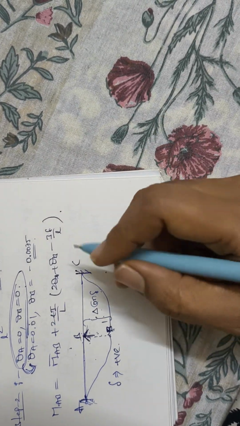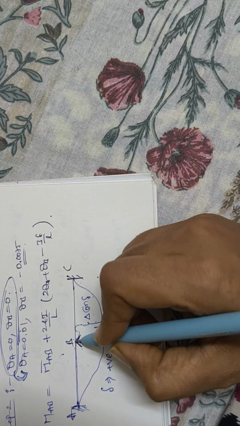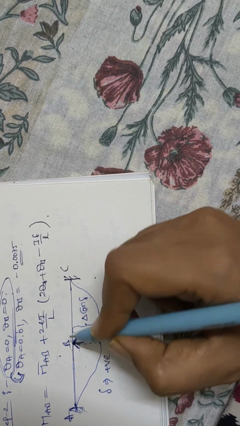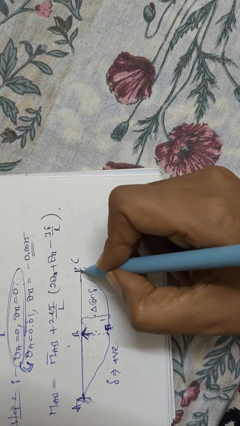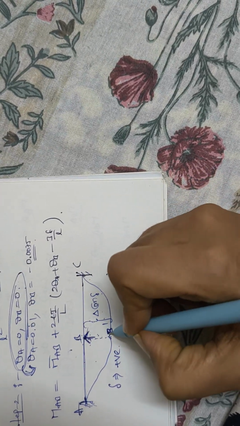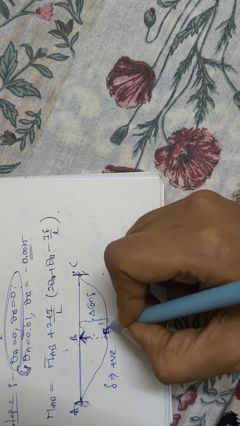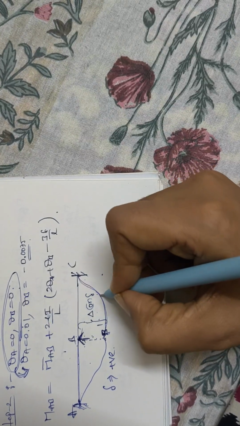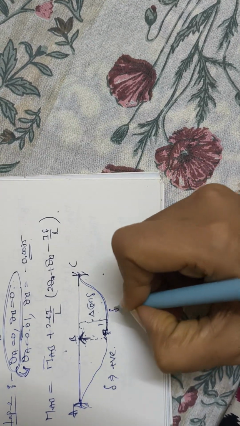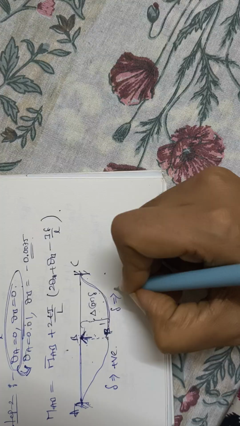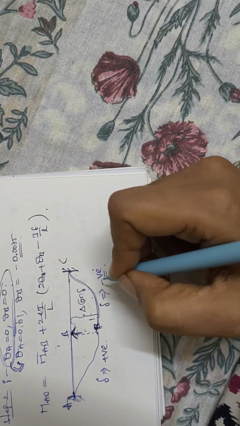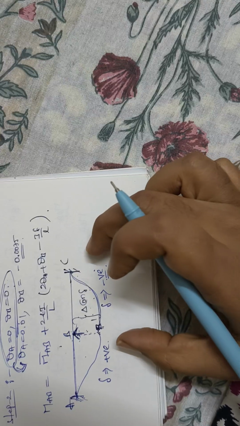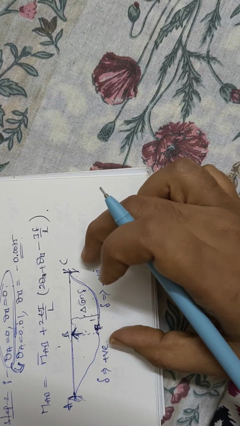And in the BC span, observe here, the left support is B and the right support is C, so the right is at a higher level and the left is at a lower level. So in this kind of deflection shape, you have to consider the delta value as negative. This is the general rule in the sinking concept.